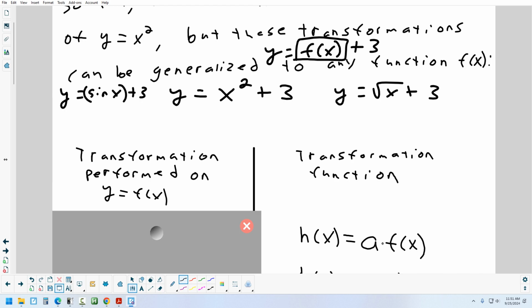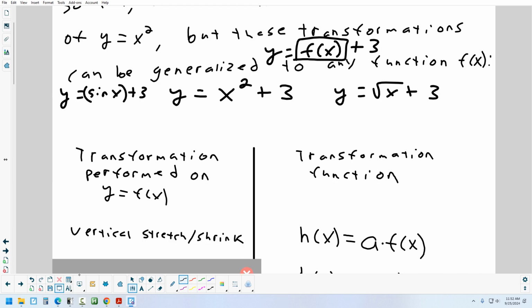What does multiplying by a number in the front do? Yeah, vertical stretch and shrink. Yep, exactly. It's a vertical stretch or shrink. It doesn't matter what function you put here. X squared could be any function. But multiplying by a number in front will cause a stretch or a shrink.